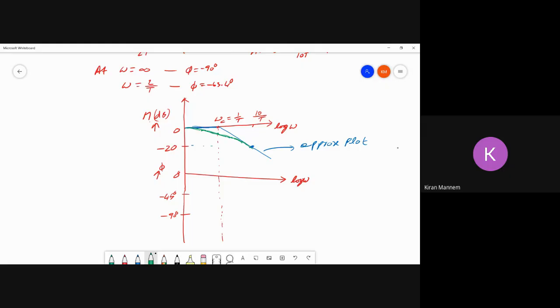So what is this? This is your exact plot. I can say this blue color is your exact plot. So this is the magnitude plot: approximate plot and exact plot.